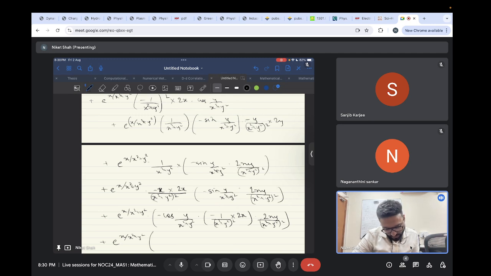So I differentiated this sine term. Now it's the time for the 2xy term.